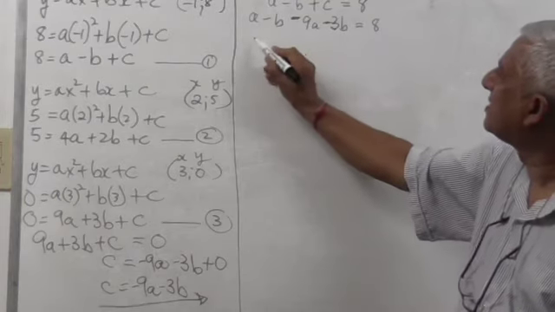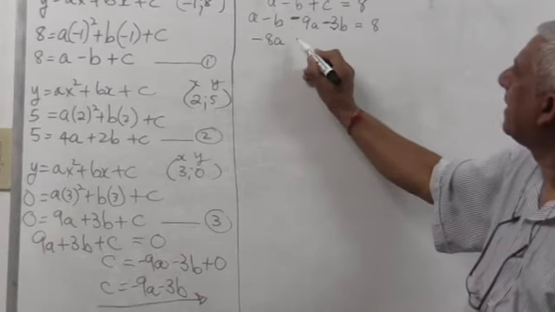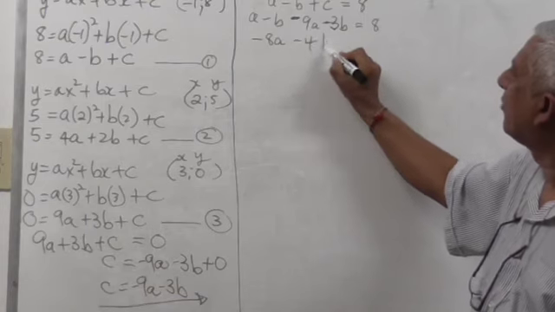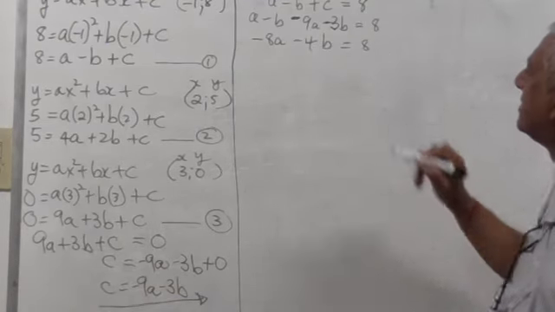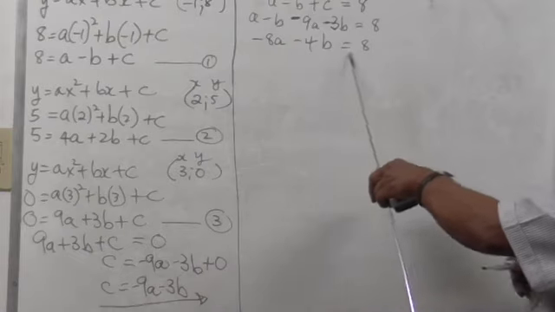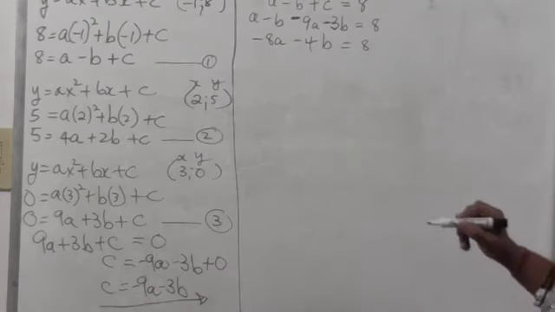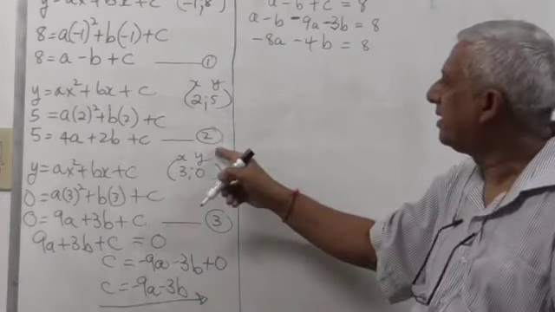And if you simplify this, you'll get minus 8a minus 4b is equal to 8. Now you've got an equation in only two unknowns. Now we go back to number 2.